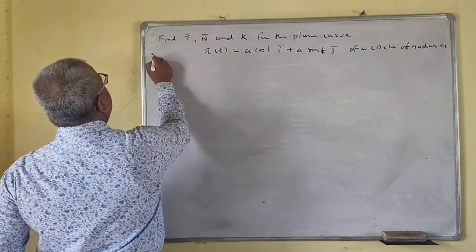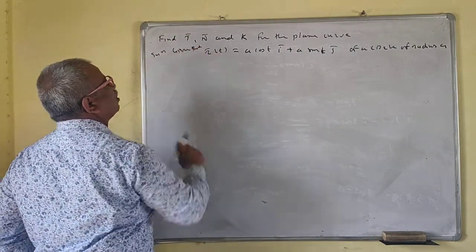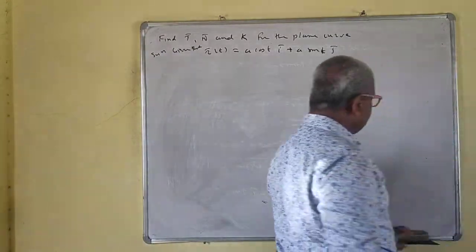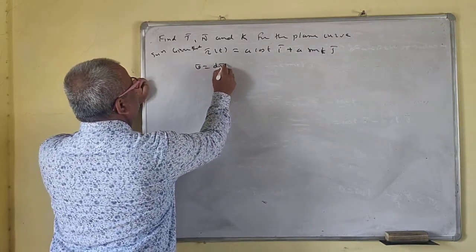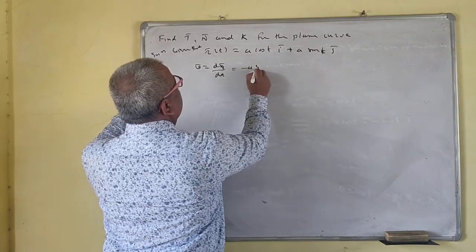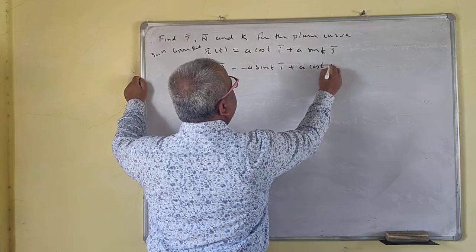Solution: given that, V bar is equal to dr bar by dt, so this is minus a sin t i bar plus a cos t j bar.